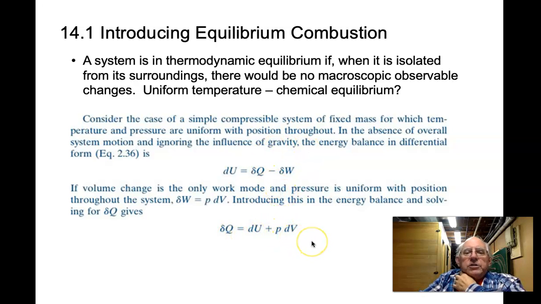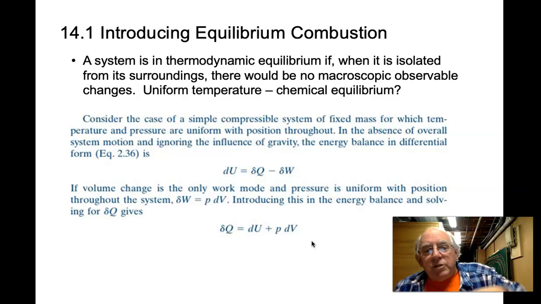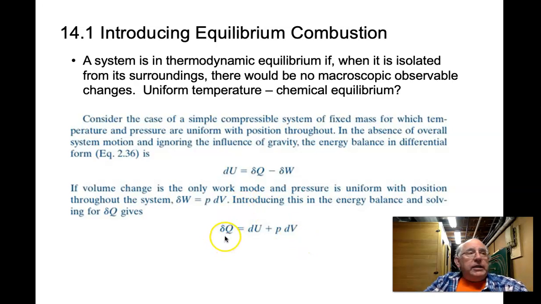And so we have this particular form associated with our equilibrium system: the change in the heat transfer giving rise to a change in the internal energy plus a work-dependent term.